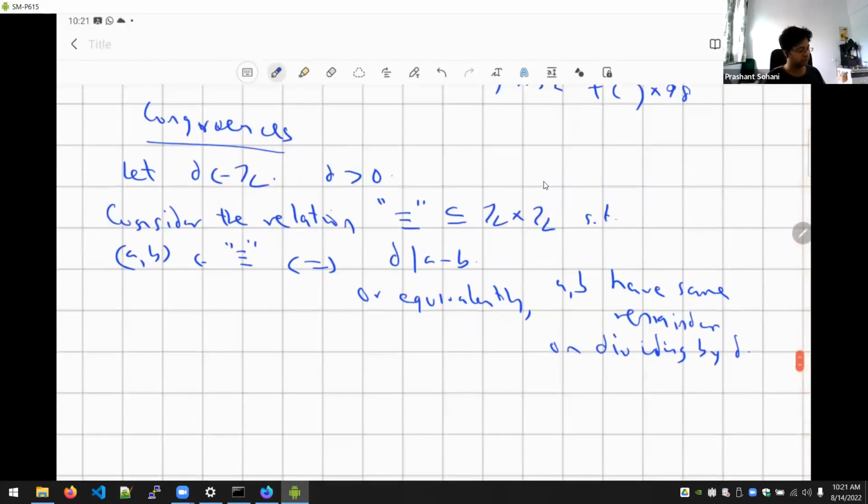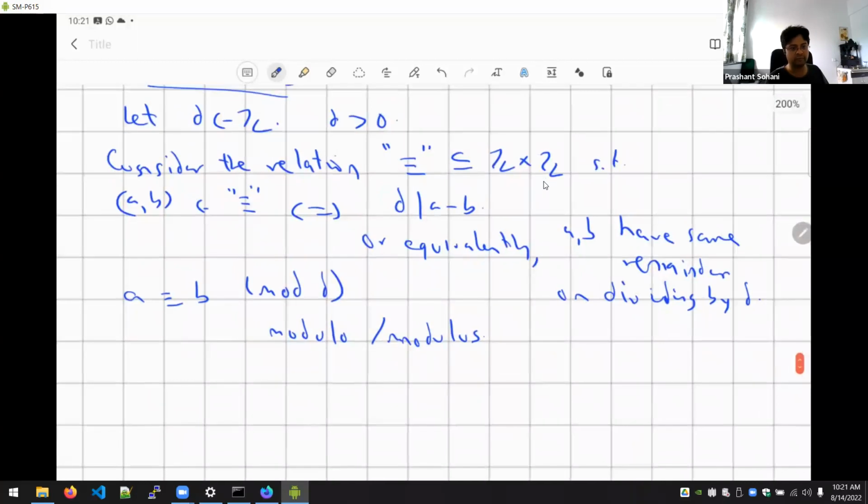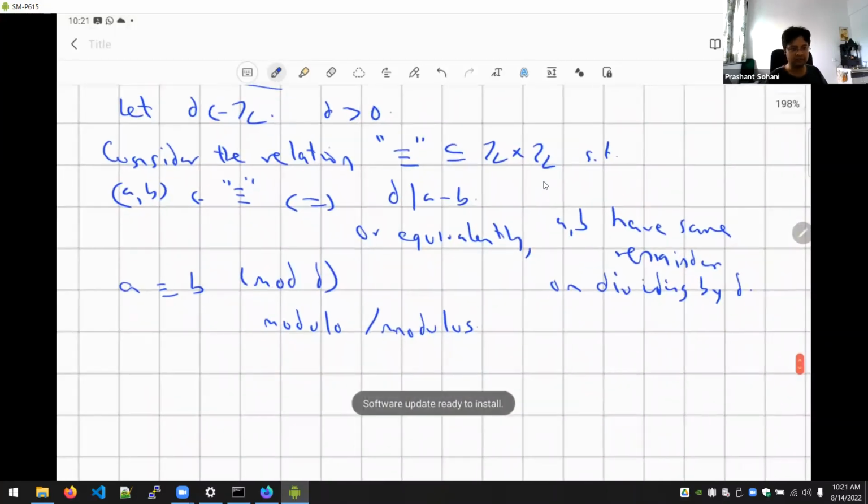Okay, so this is what we call congruence. And here in this symbol, there is no mention of what is the modulus. So the typical way of writing this is that we write a congruent to b modulo d. Modulo or modulus is the short form of division by that particular divisor.